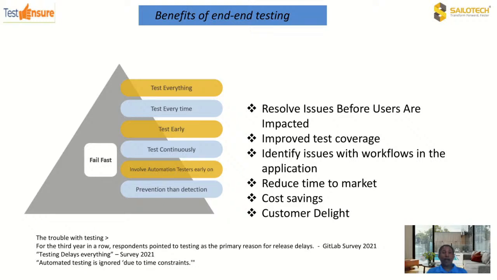So that's coverage: identifying issues with workflows in the application early on, and then reducing the time to market. When you do this early on, you can have that dialogue and engagement with the business and users as well. I'm speaking from an IT automation team, Scrum Agile team perspective, right?